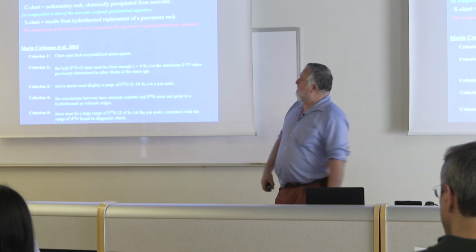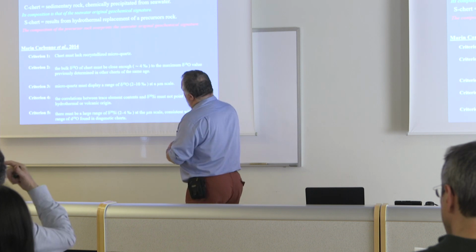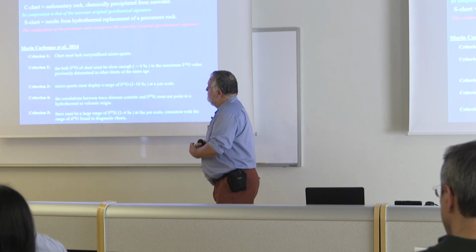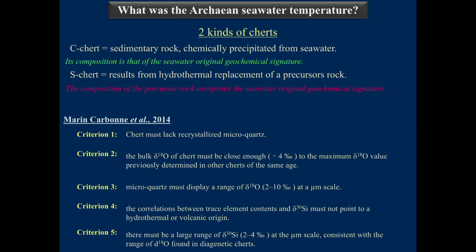Based on this, 3 years ago, Johanna Marin-Carbone proposed some criteria in order to select the good cherts, the cherts that are generated by direct precipitation of silica from seawater.